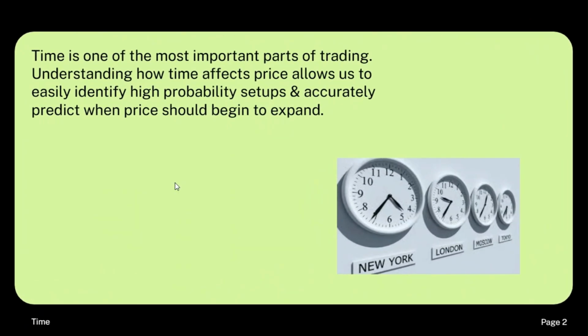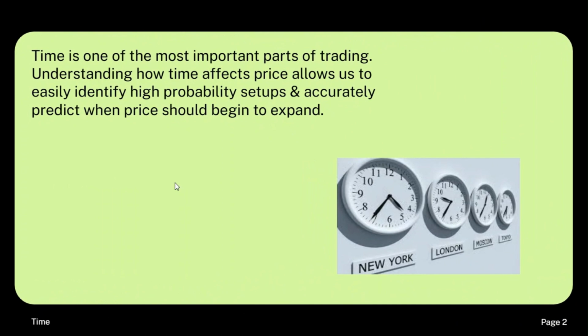All right, so time is one of the most important parts of trading. Understanding this and how it affects price allows us to identify high probability setups and know around exactly when price should begin to expand. The AMD or quarterly theory is actually one of the strongest tools that we use to help us filter through our setups and figure out not only when, but also where price will expand.